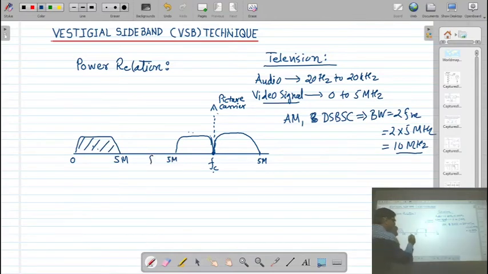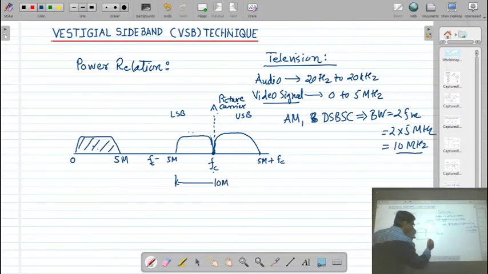That means Fc minus 5 megahertz, and this is Fc plus 5 megahertz. So here we have an upper sideband and this is my lower sideband. If you look at this, the bandwidth is going to be 10 megahertz, and this is very large. And we know that whatever picture information is in the upper sideband, the same information is in the lower sideband.